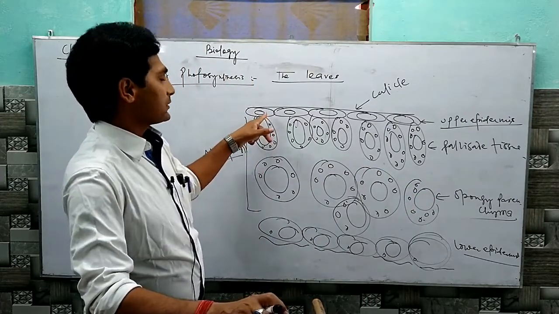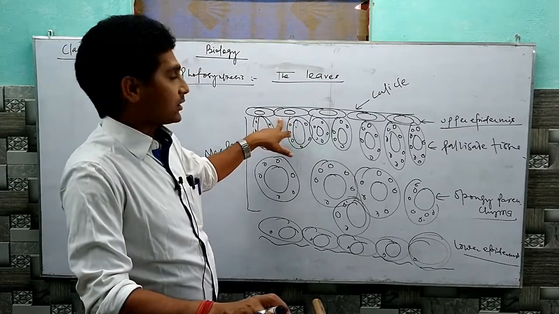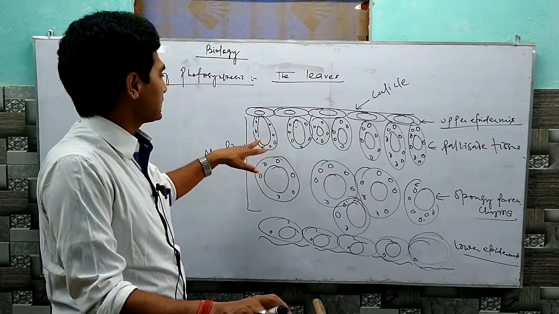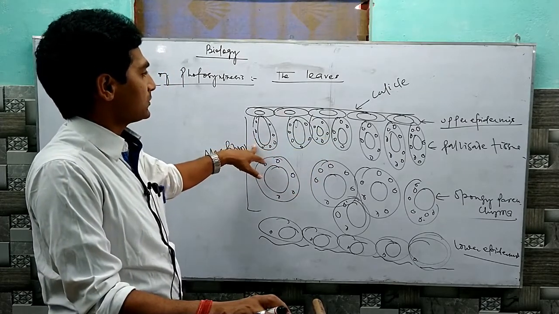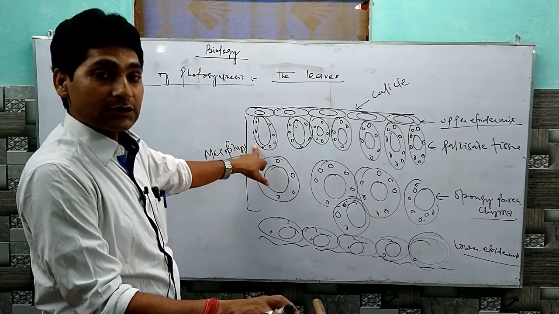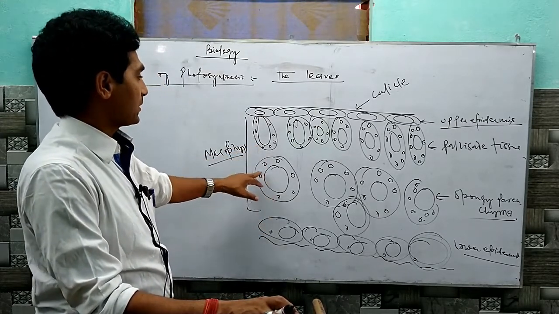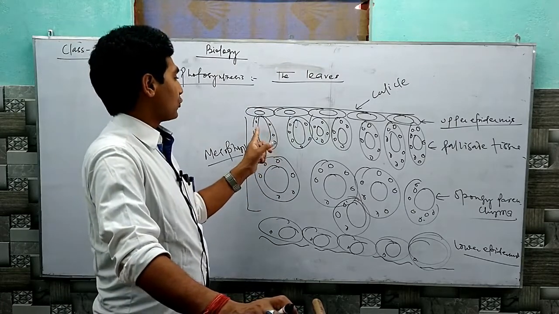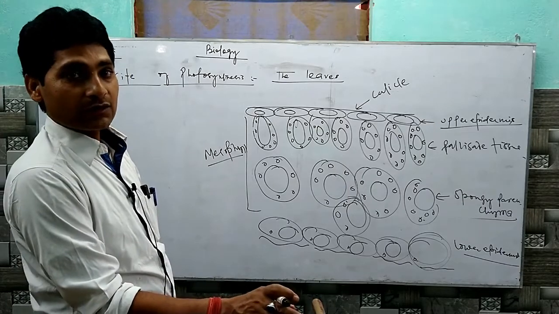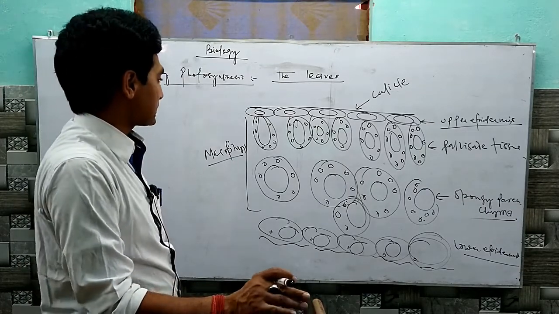The upper epidermis is transparent in nature and allows light to pass through it. In the mesophyll area, a number of palisade tissue cells and spongy parenchyma cells are present. Both cells have several chloroplasts, which is where the final process of photosynthesis occurs.